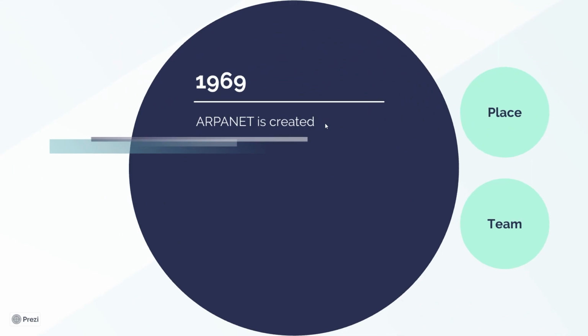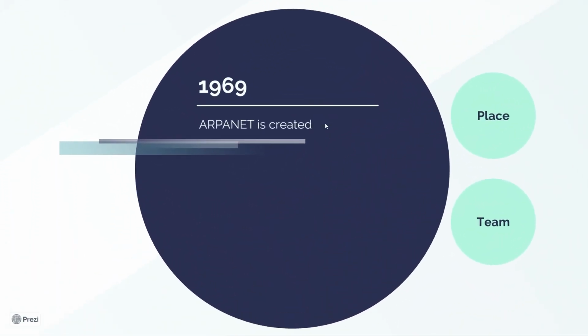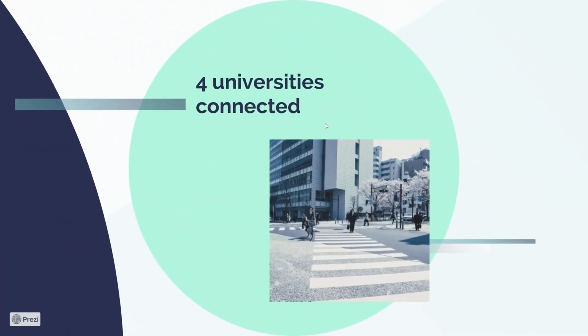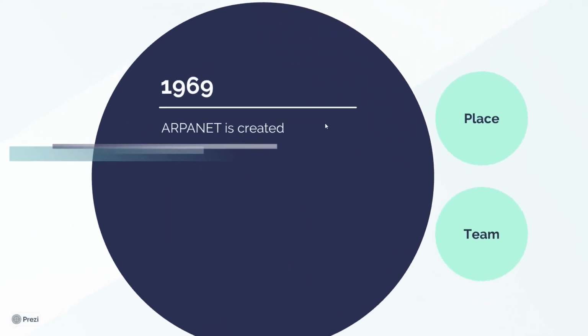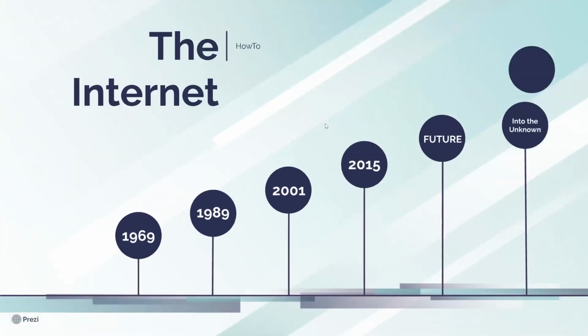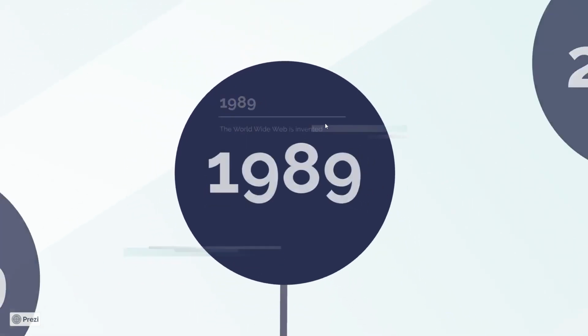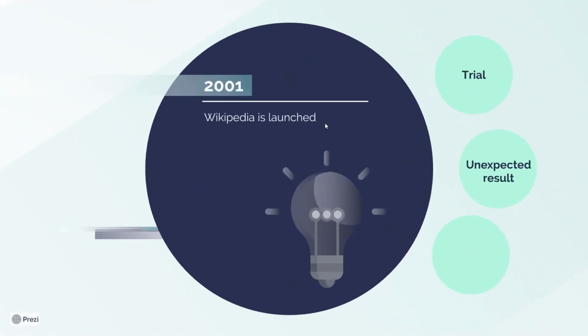As you can see, if you start doing a presentation, so the internet, what happened in the internet in 1969, we have the ARPANET created in 4 universities by these people. And then if you go back, what happened in 1989, the World Wide Web is invented. As you can see, there is no story block or additional items in here, so it's probably just gonna go back in 2001.